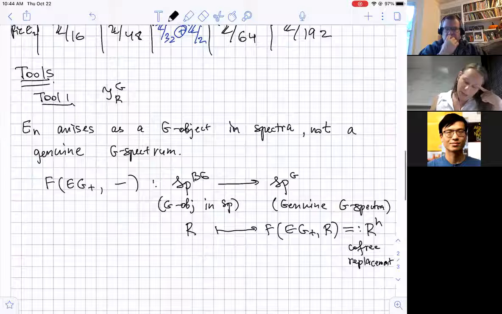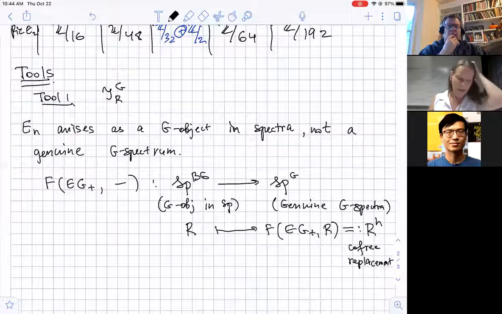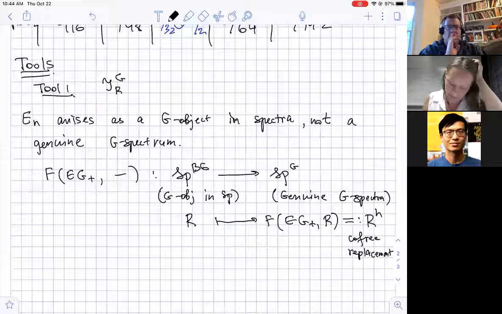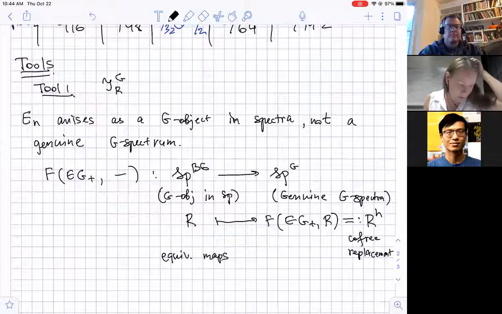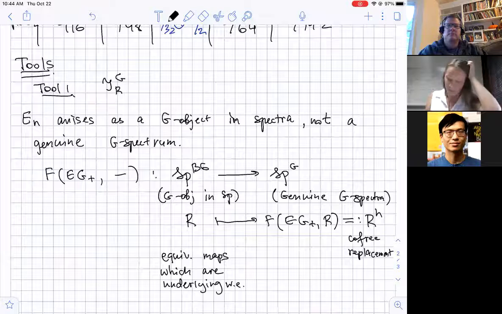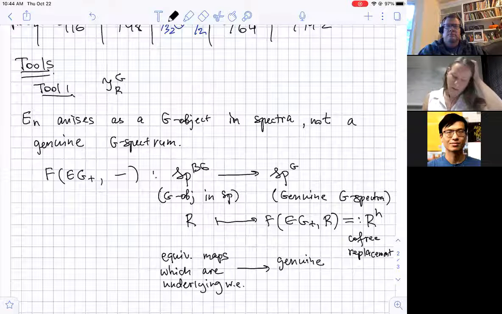So this functor takes equivariant maps which are underlying equivalences to genuine equivariant equivalences.